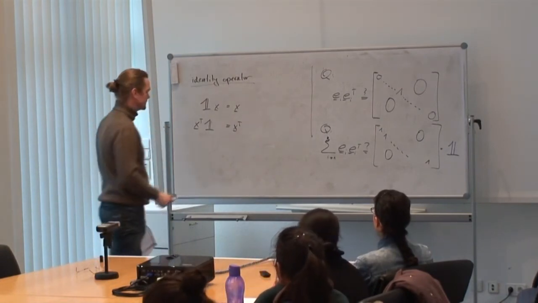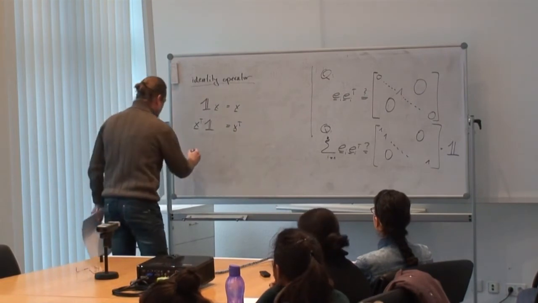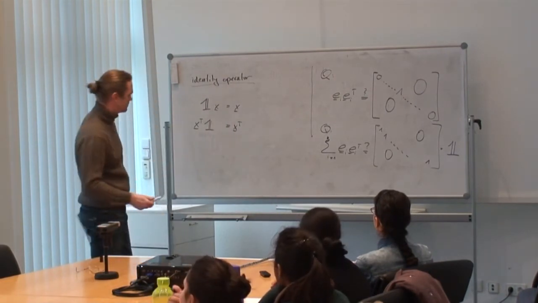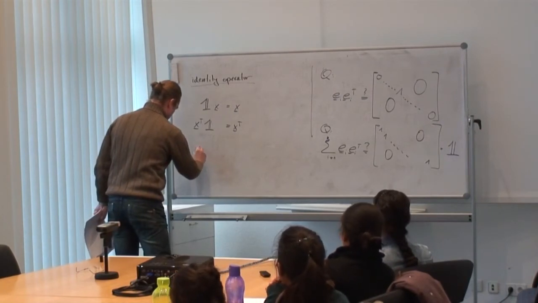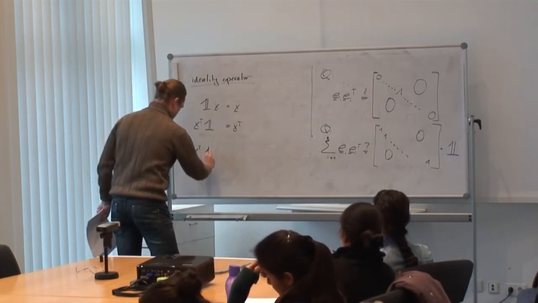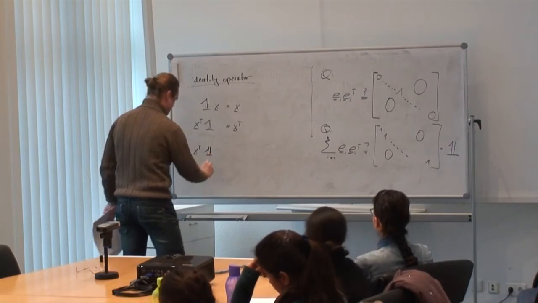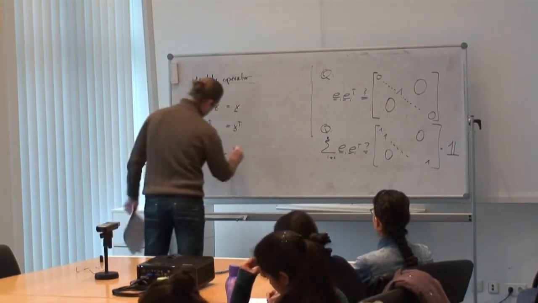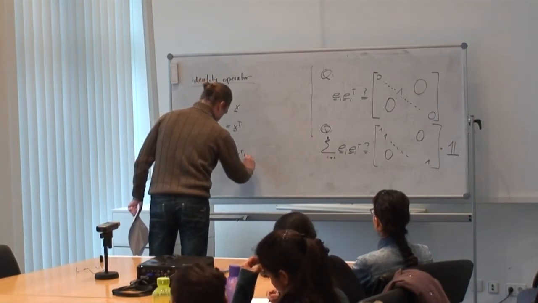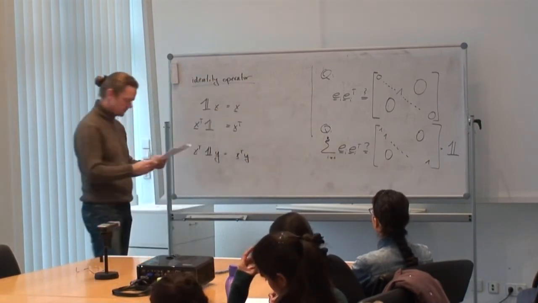And a really crucial thing regarding these matrix vector products we have been looking at: if we consider x transposed times matrix 1 times vector y, what do we get? x transposed times y. Okay.